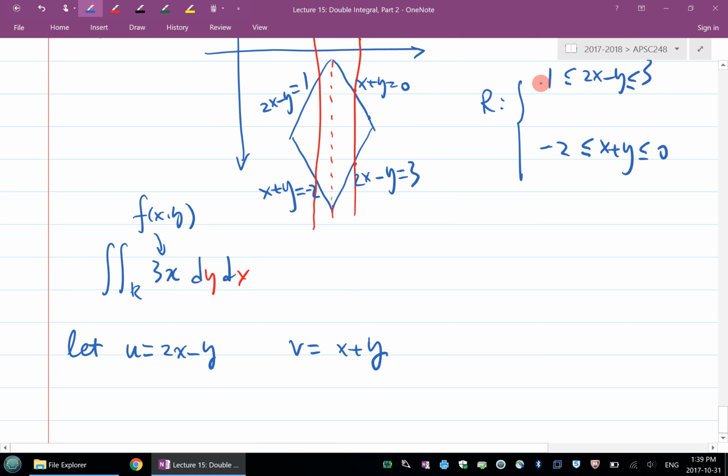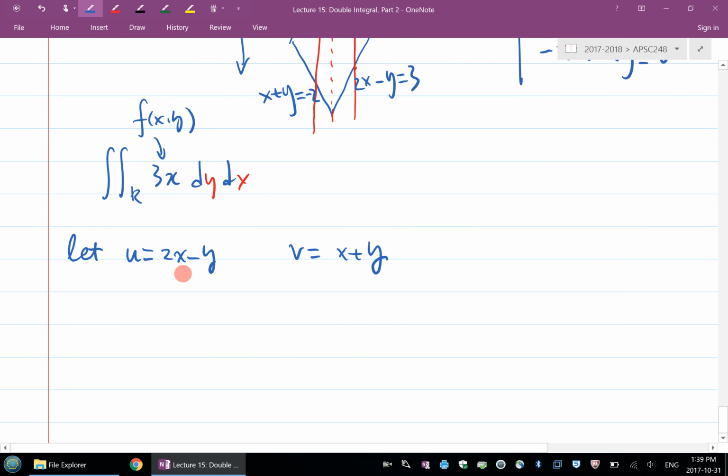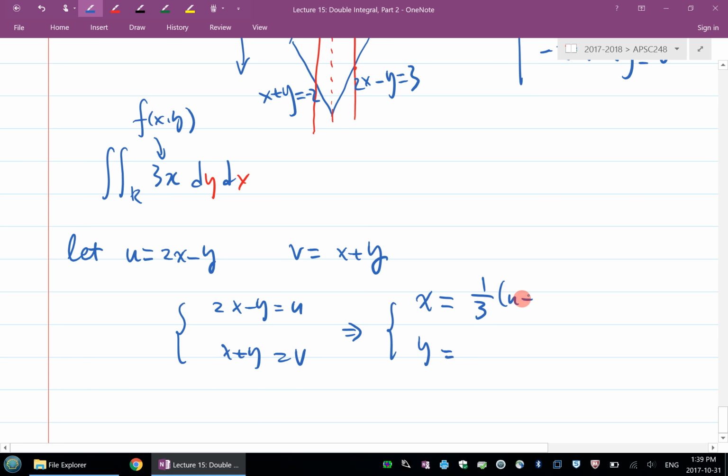So if you define u and v here, then we have 2x minus y equal to u, x plus y equal to v. We're going to try to solve for x and y in terms of u and v. If you use equation 1 plus equation 2, 3x equals u plus v, and you get x equal to 1/3 (u plus v).